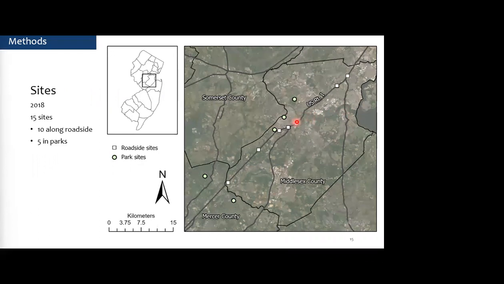And here we are at Cook campus. So these sites are local to the Rutgers region. And I looked at five sites in parks, which are these green dots, and then 10 along the highway, which are my roadside sites.